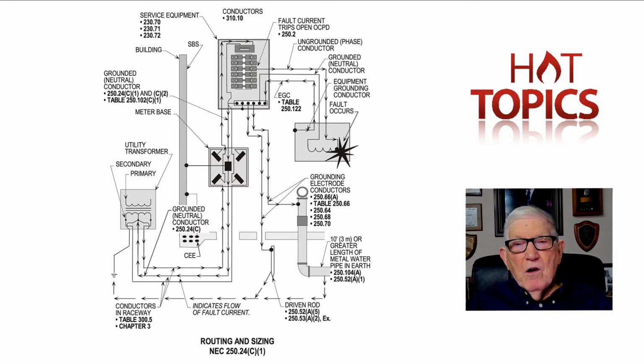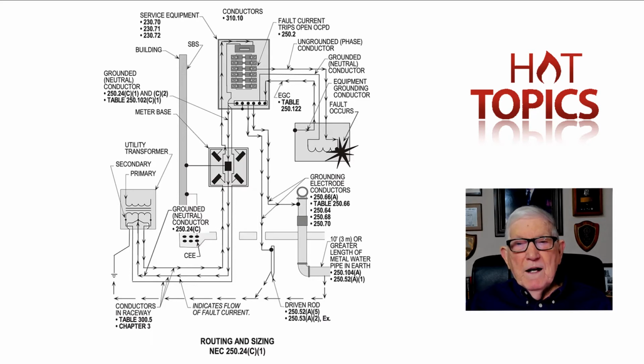A ground fault would naturally be from the hot conductor to the metal enclosure enclosing the conductors or the equipment enclosure, and it returns back to the grounded point of the grounded bar that you see in the service equipment here.